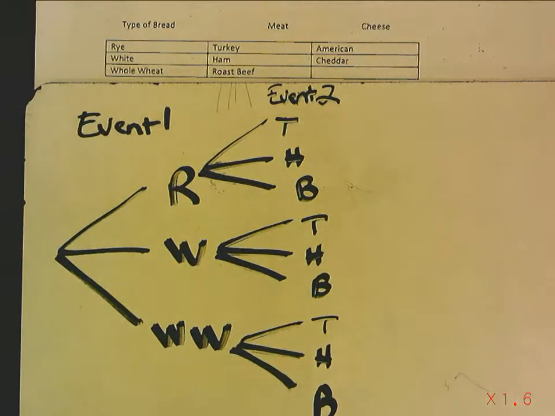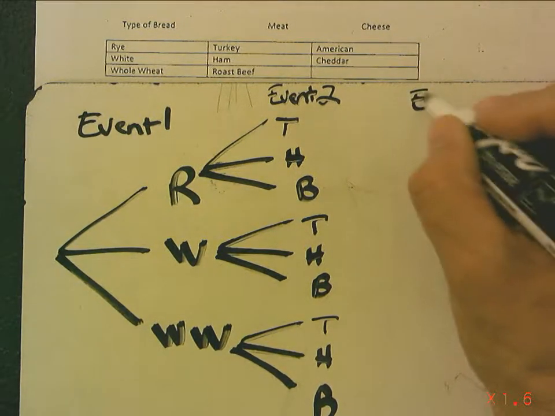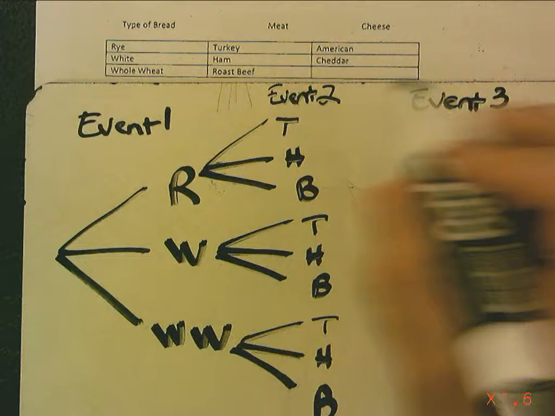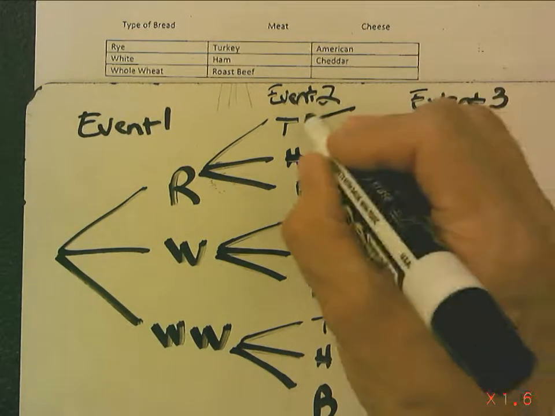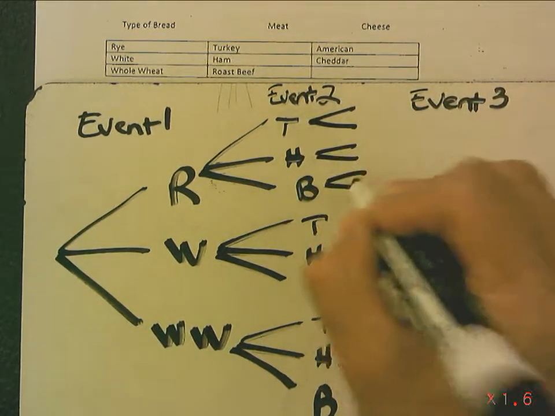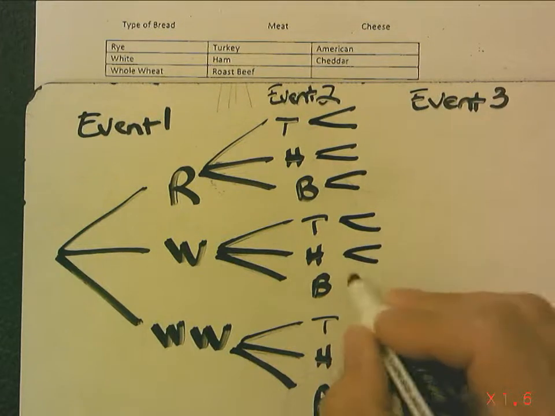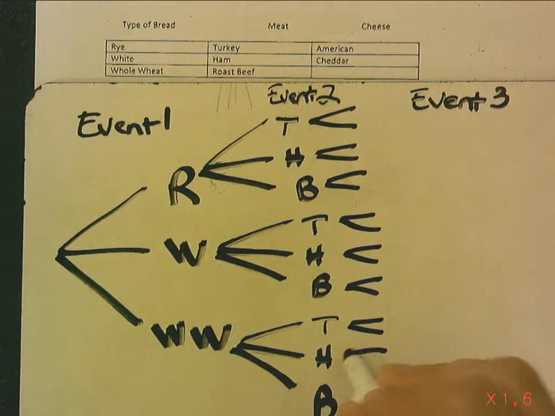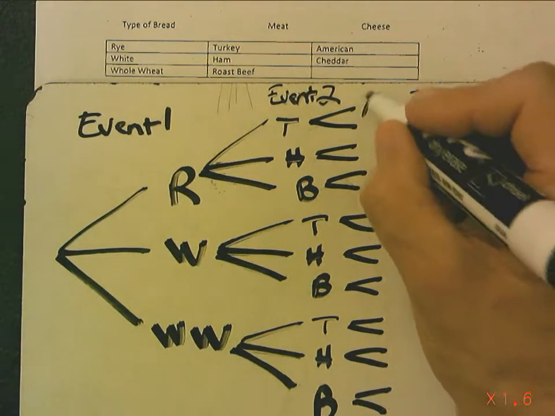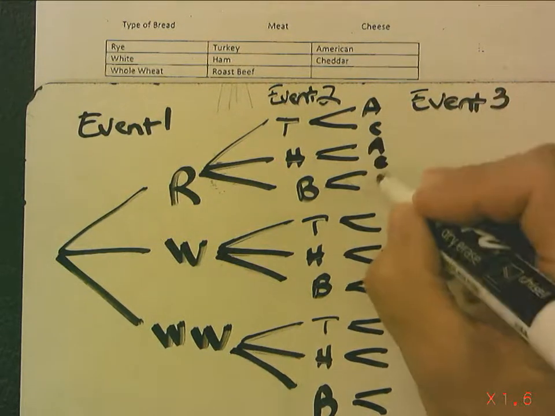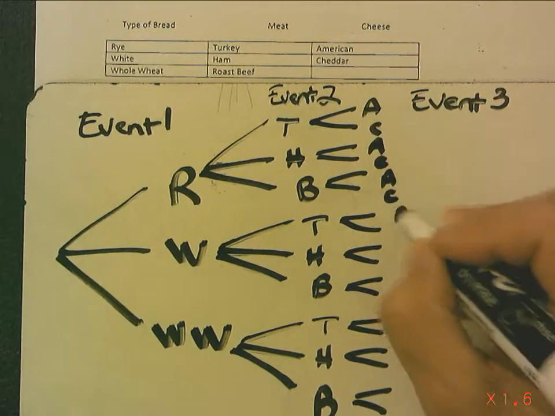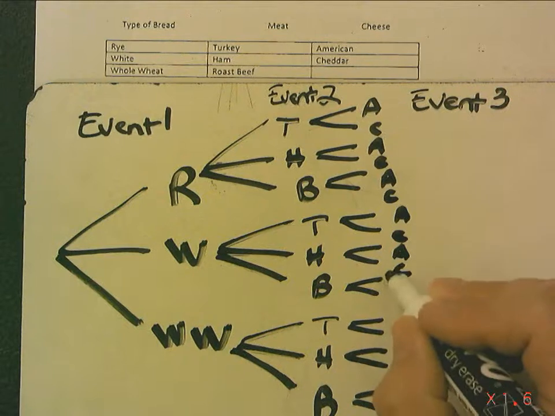Okay? Now, event 3 is choosing your cheese. So coming out of each of these will be 2. And on each of these, I'm going to have American, cheddar, American, cheddar, all the way down.